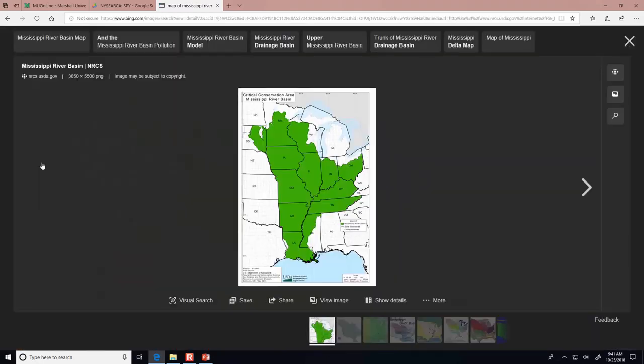So this is showing the watersheds that contribute to the Mississippi River, and of course there's also the Missouri River that drains even more of it. But farmers as far north as Minnesota and South Dakota are able to put their agricultural products onto barges, and ship traffic can go down the Mississippi River.